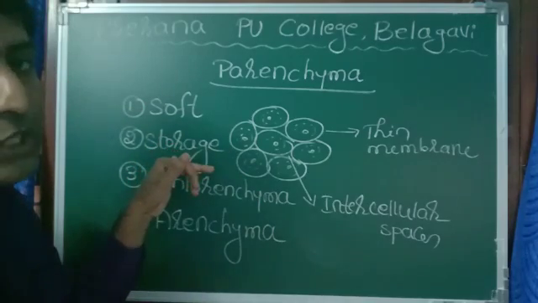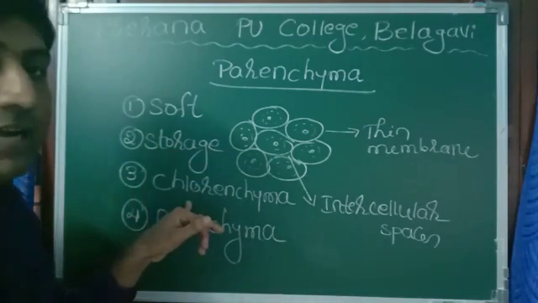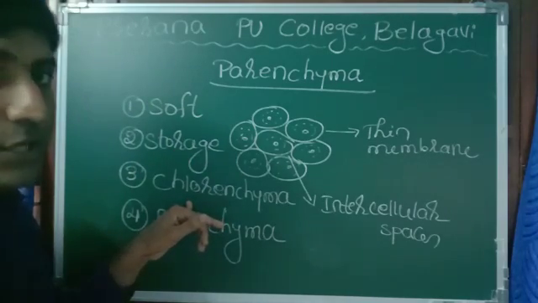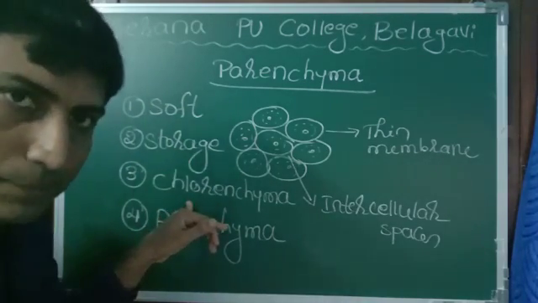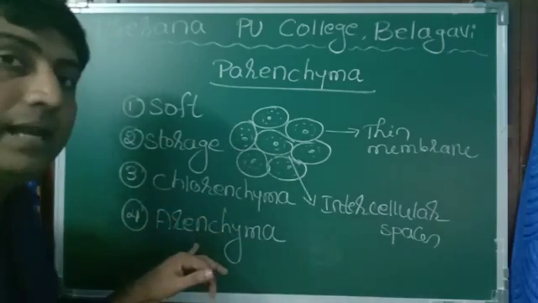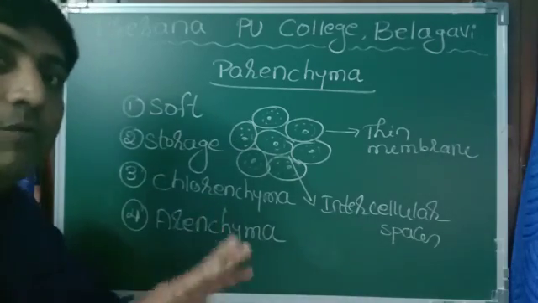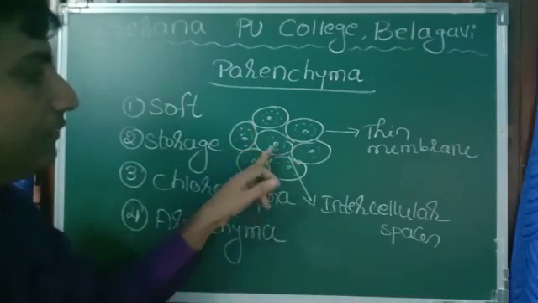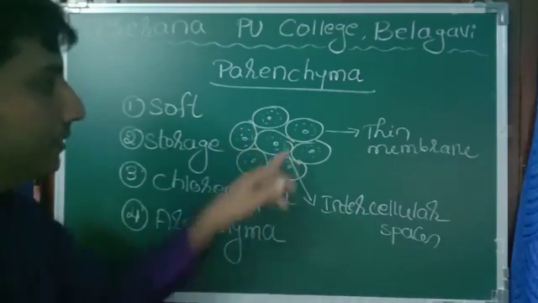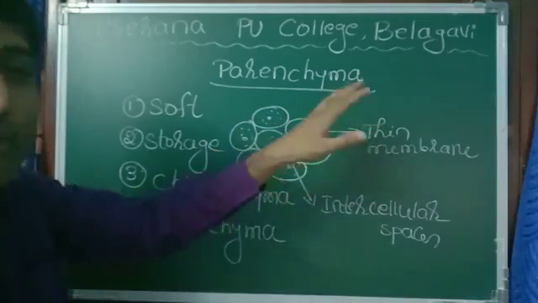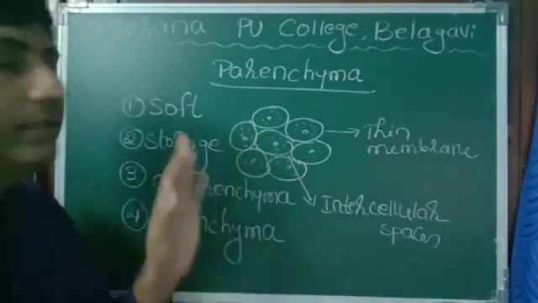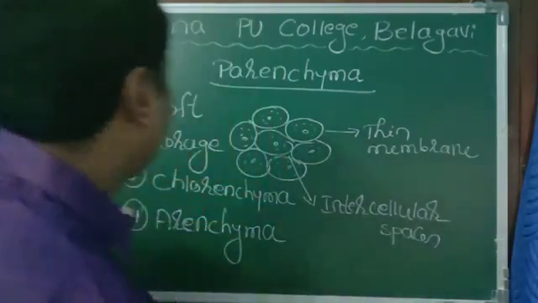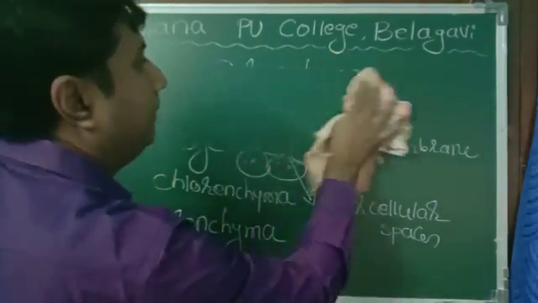Main function, storage of food and water. If it contains chlorophyll, it is called chlorenchyma, and it participates in photosynthesis. Aerenchyma contains air space in aquatic plants that provides buoyancy. They are loosely arranged with intercellular spaces. The cell wall is quite thin compared to other cells, and they are the most simple type of tissue found in plants.